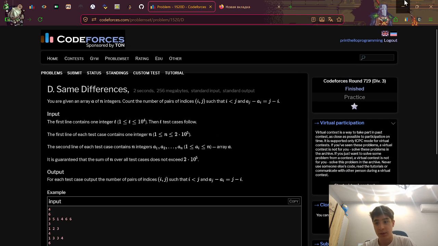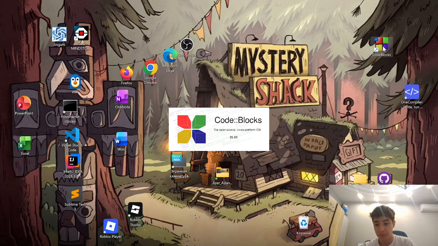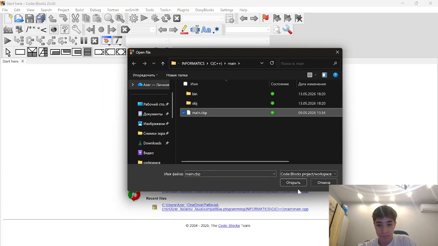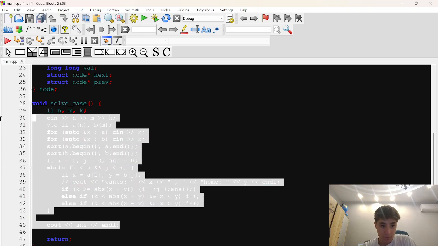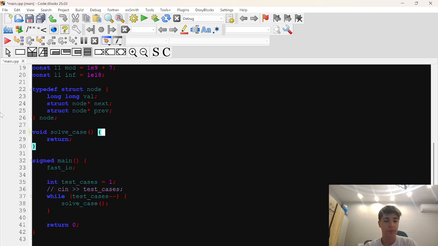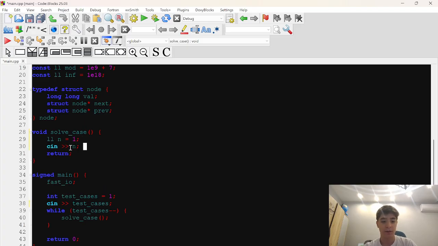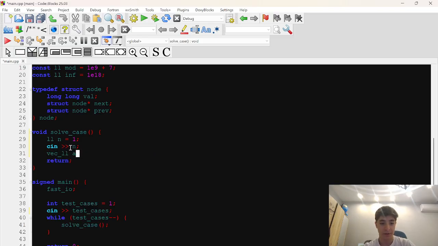Let's just implement this. I'm going to open my code blocks. We have a little test cases. I'm going to make a vector ll an.